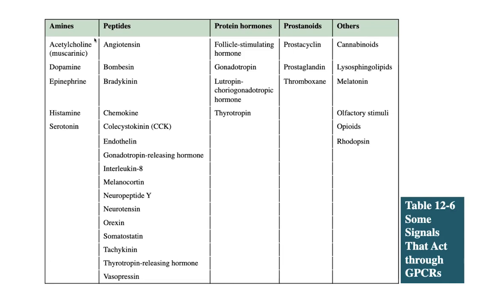We can have amines, basically small molecules with amine groups, like acetylcholine, epinephrine, histamine, serotonin. We can have other things, opioids, rhodopsin, melatonin, all these various signals, which you can imagine would need a different receptor for each of these.